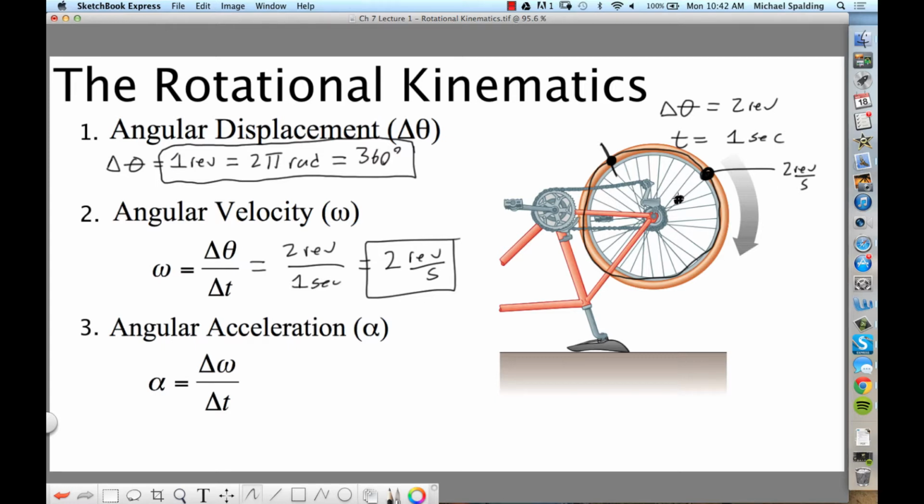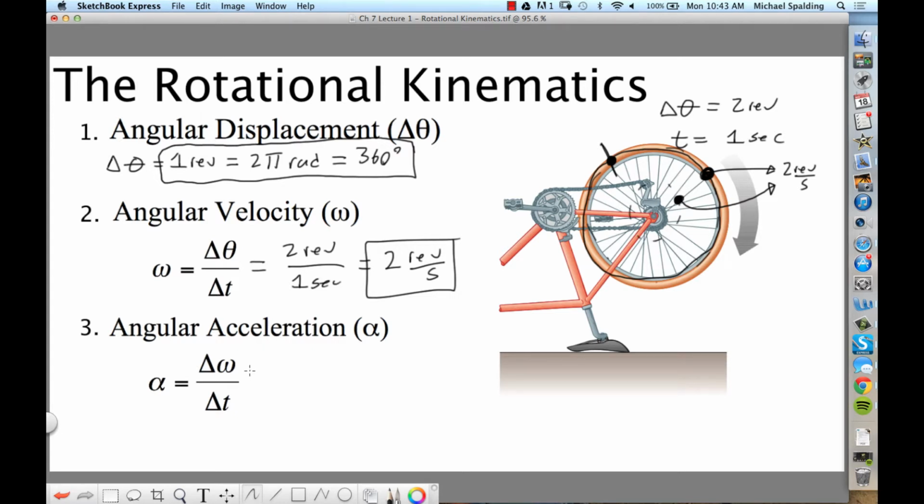The same thing has to be true for this point that's closer to the center. Both of these points share the same angular velocity. Can you wrap your brain around that? If this point goes around twice in 1 second, then this point goes around twice in 1 second.